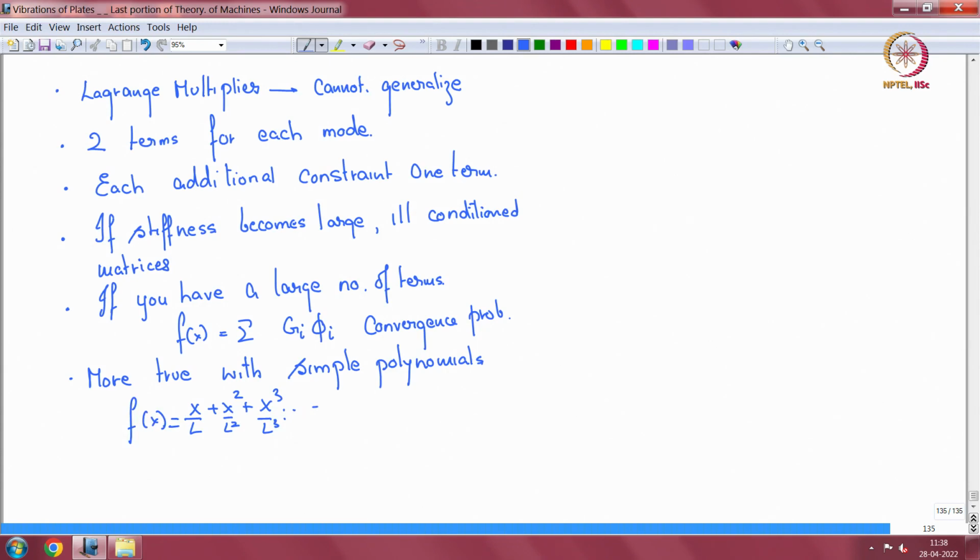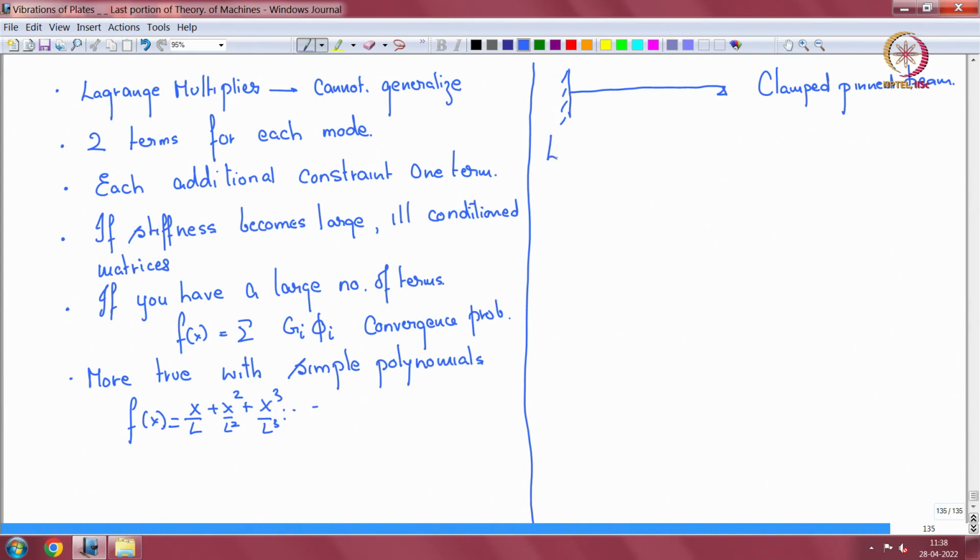So now suppose we want to do, just as we did with the Lagrange multiplier method, a clamped and a pinned beam, as different from the Lagrange multiplier method.